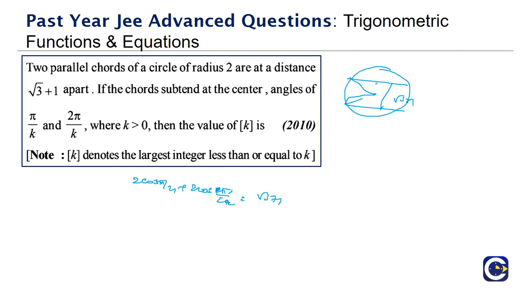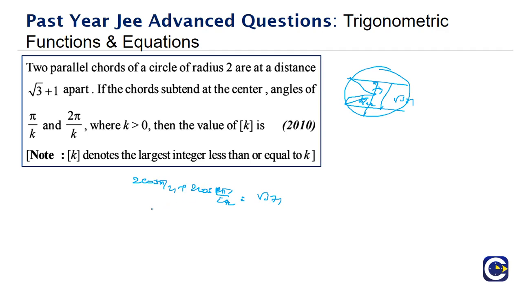I am writing the angles, pi by k angle and pi by 2k angle, in terms of cos, in terms of radius. So I will get 2 cos pi by k, 2 cos pi by 2k. So 2 cos pi by k plus 2 cos pi by 2k must be equal to √3 plus 1.